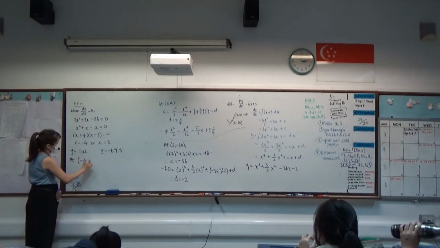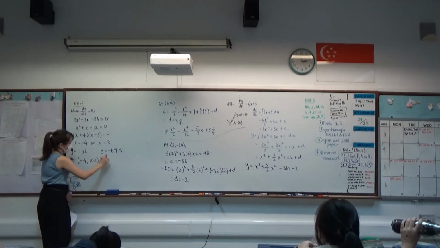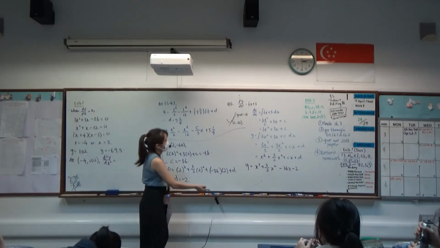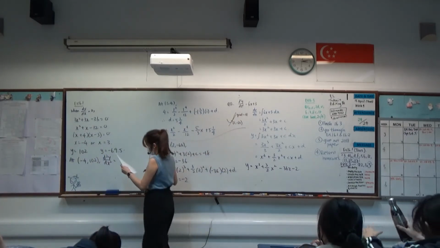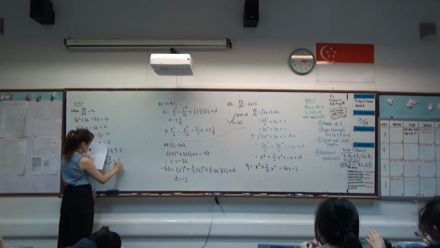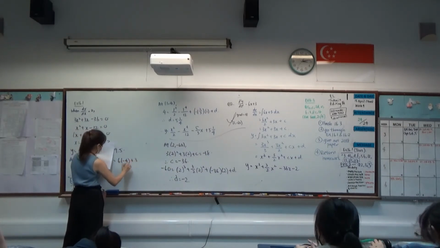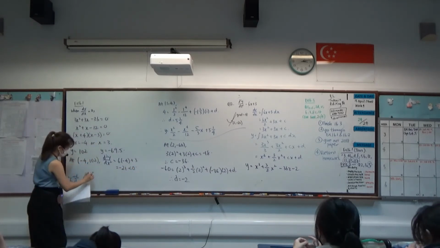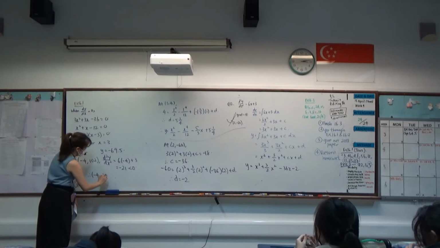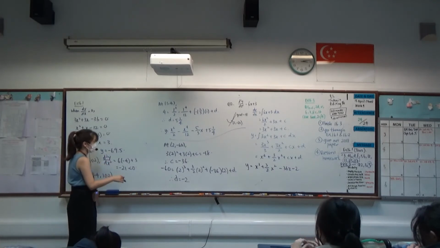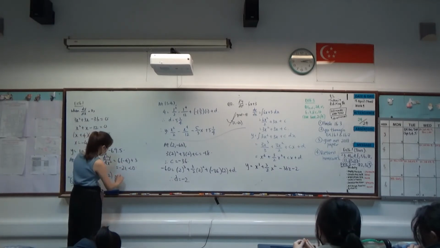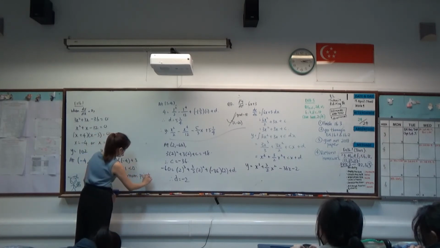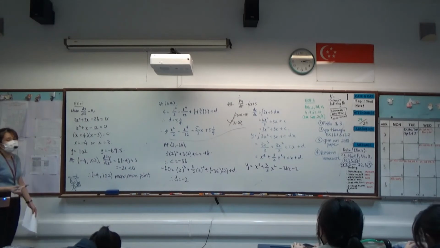So at this point, find your second derivative value. Substitute into the original question. That's negative 21 less than 0. So therefore, this is a maximum point. Okay.